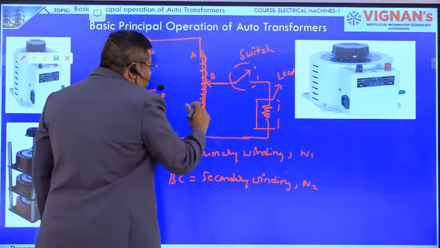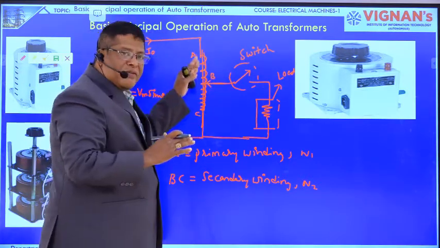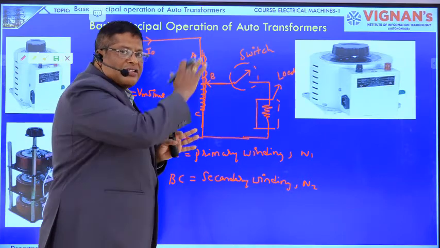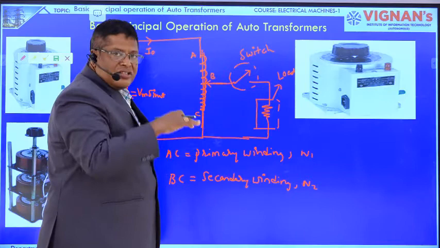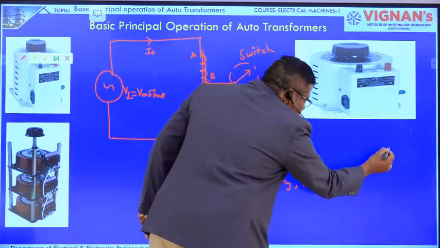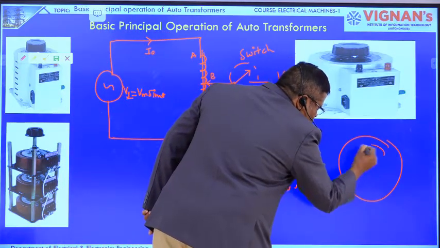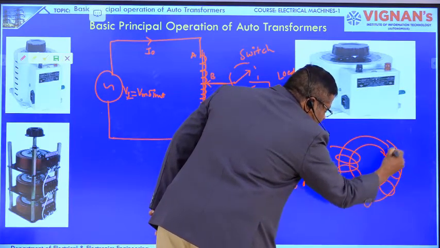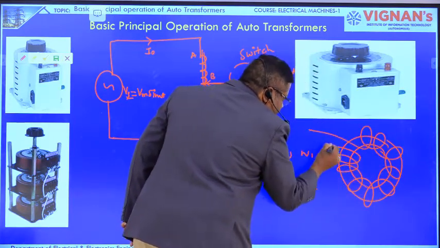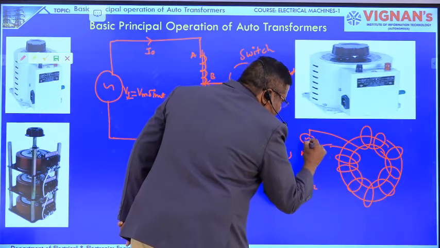See, the total flux that is created from the AC is linking again with the AC, because it is placed on the circular core. On this core only we are keeping the winding, in this manner. Here we are applying the voltage.